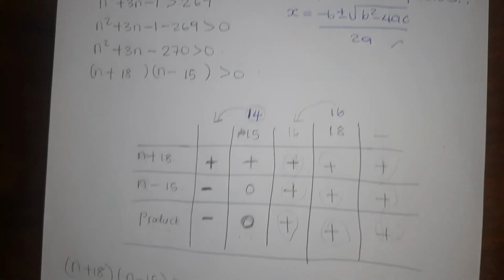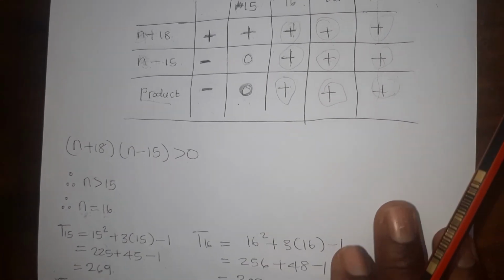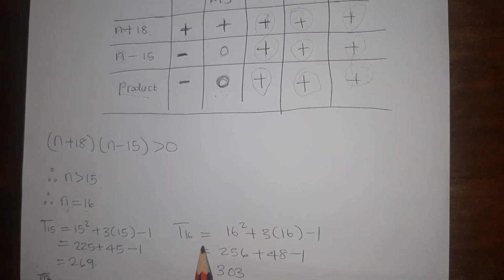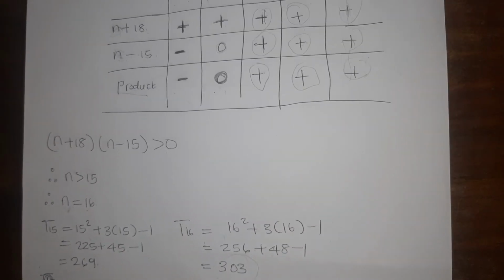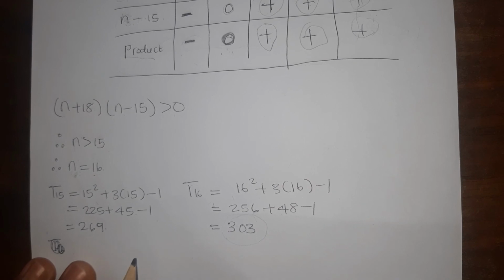So obviously it will be T16, because T16 is equal to 16 squared plus 3 times 16 minus 1. We get 256 plus 48 minus 1, and our answer is 303. And 303 is greater than 269. So this is true.